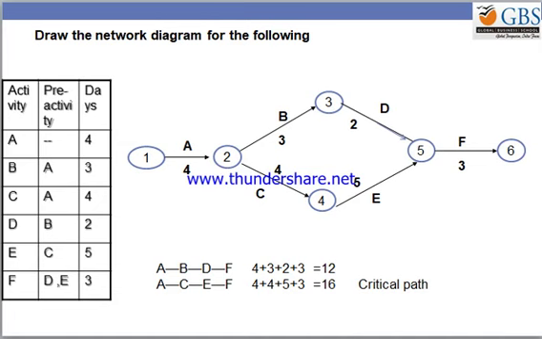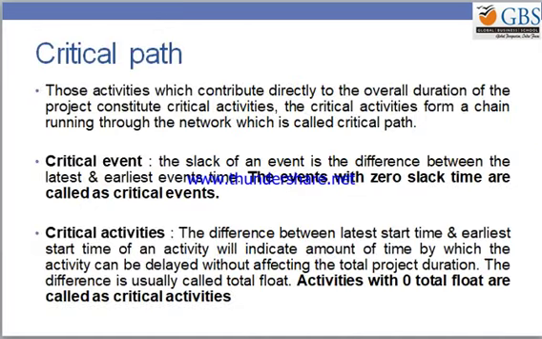Now there is a definition for critical: those activities which contribute directly to the overall duration of the project. Sometimes it is called the maximum duration of the activities from first activity till last activity, which is called a critical path. So what exactly we are going to calculate is the earliest start to last activity.